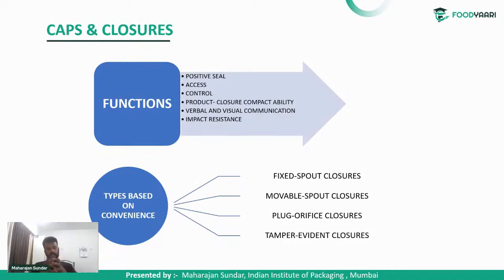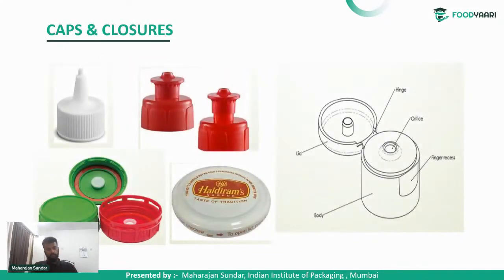Based upon the convenience of usage, there are four types of closure: fixed spout closures, movable spout closures, plug orifice closures, and tamper evident closures. The first one, the white one, is the fixed spout closure.